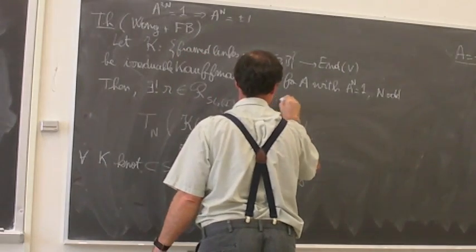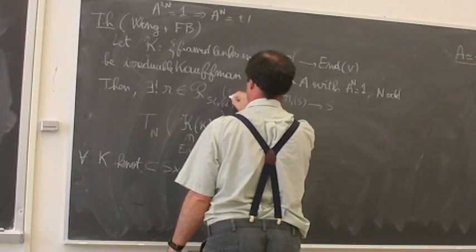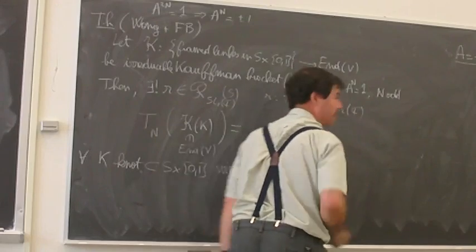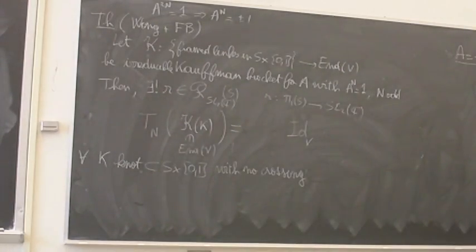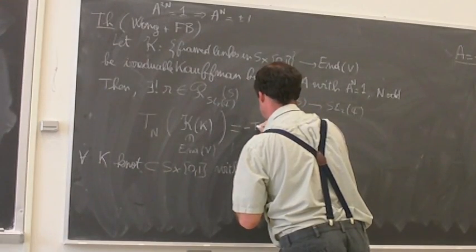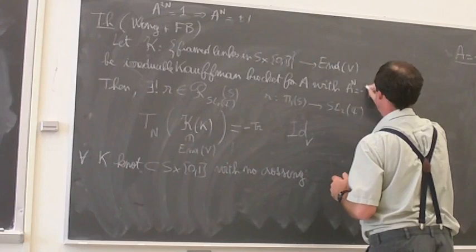Namely, R is a map from pi1 of the surface to SL2, the space of 2 by 2 matrices of determinant 1, such that, you know, that Kauffman bracket we had before, minus trace. I'm wrong here, it's the case for A to the n equal to minus 1, I'm sorry.